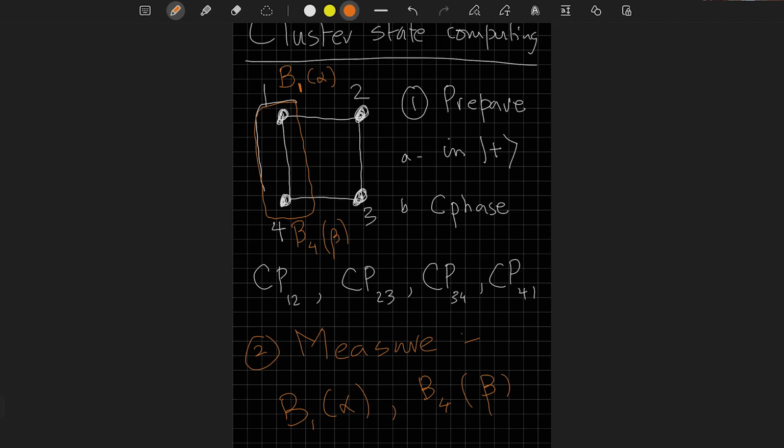Alright. So when you have made this measurement, in this particular case, you just read out qubits 2 and 3. No further measurements are needed as far as computing is concerned. You do a final readout on these qubits.